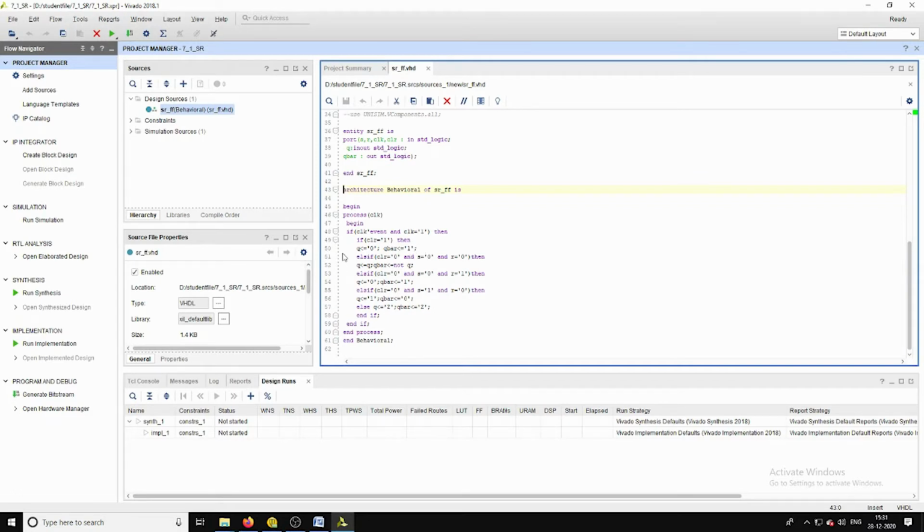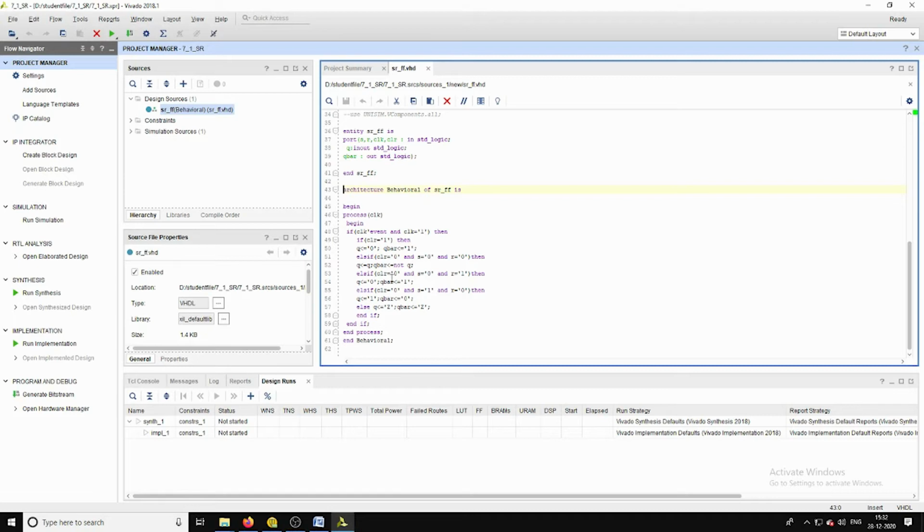Else, if clear equal to 0 and the inputs S equal to 0 and R equal to 0, then there is no change of outputs, nothing but the non-complementary output Q will be assigned with its previous state of output value Q. The Q bar is the same, not of Q.